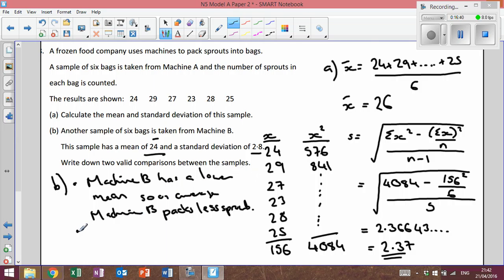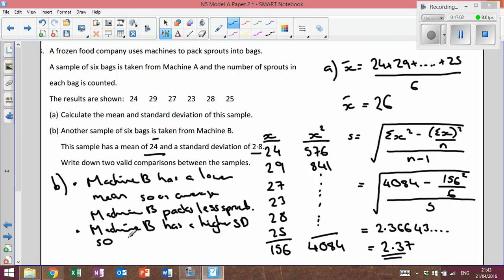The second one, machine A has a standard deviation of 2.37 and machine B has a standard deviation of 2.8. So machine B has a higher standard deviation.